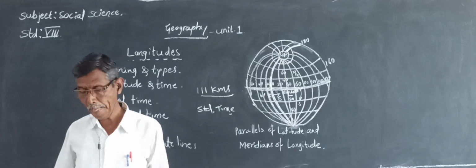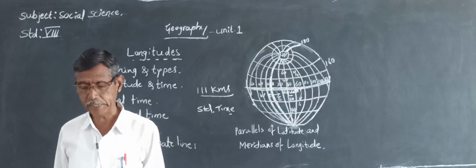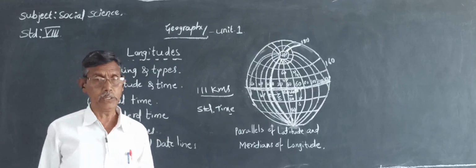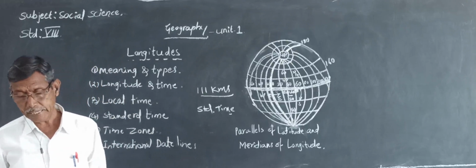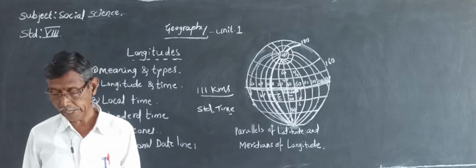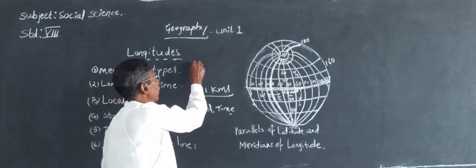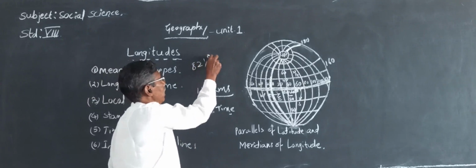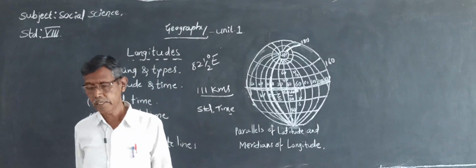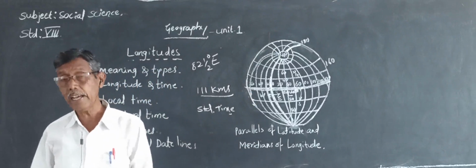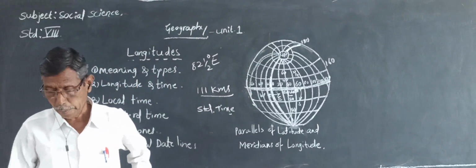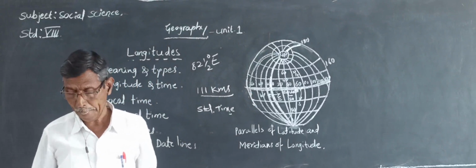In our country, the 82.5 degree east longitude is considered as the standard meridian of the country.